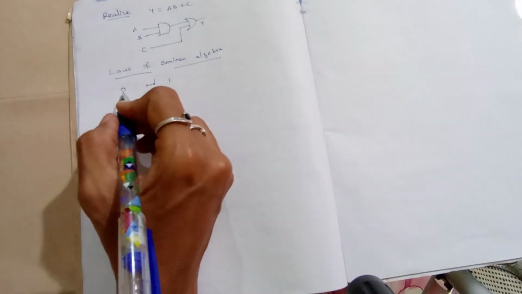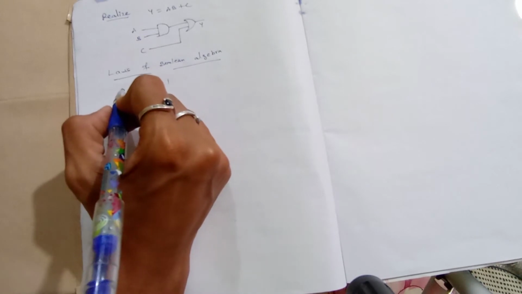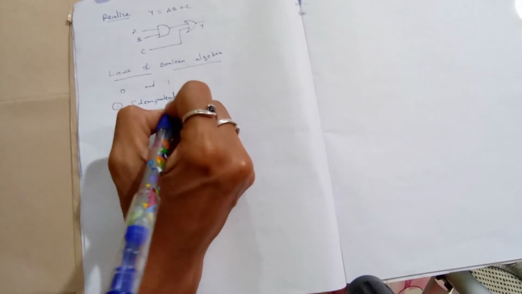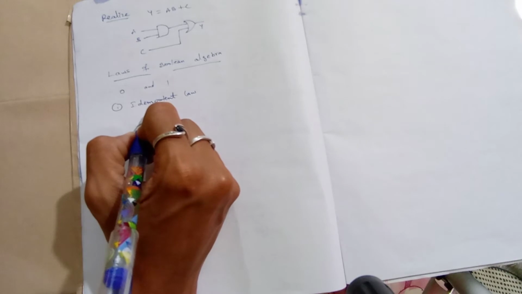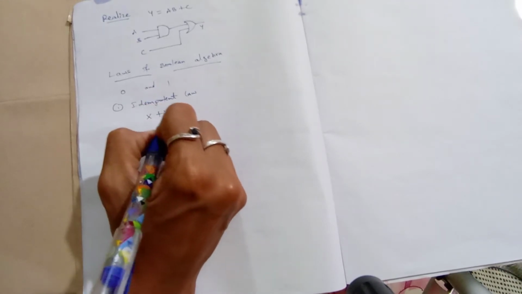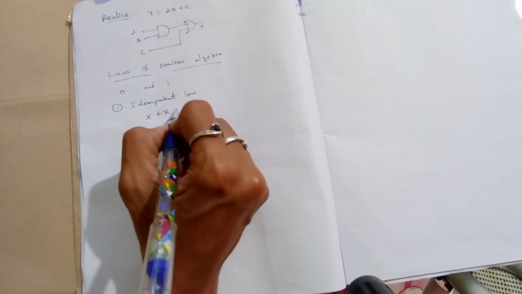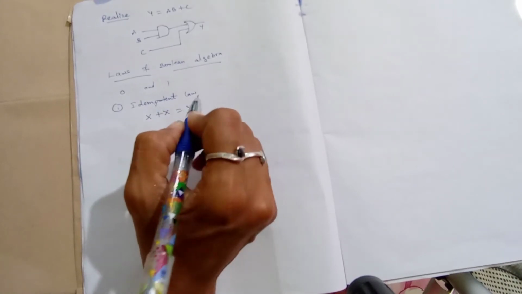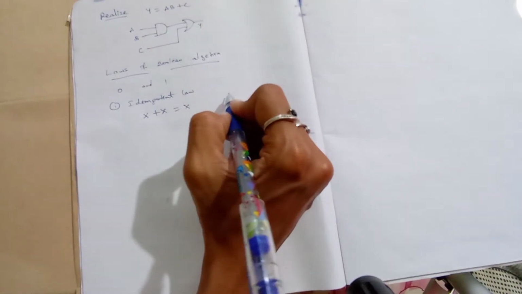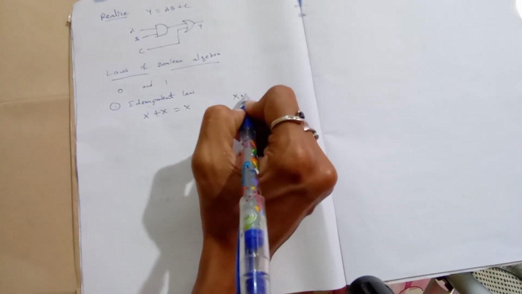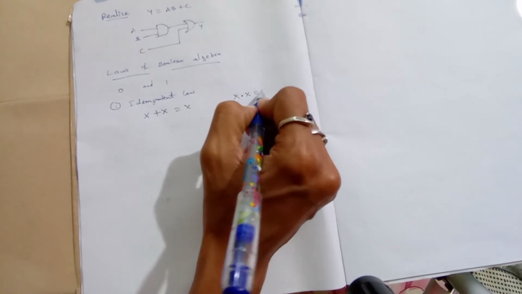That is the idempotent law. x plus x: if both the inputs are the same and we do ANDing or ORing, then we'll get the same. x and x becomes x.